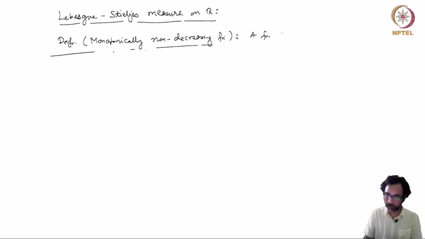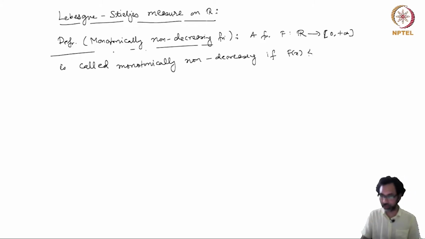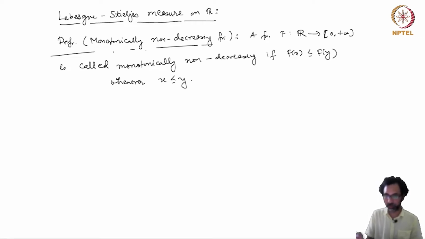So a function f from R to the extended positive reals is called monotonically non-decreasing if f(x) is less than or equal to f(y) whenever x is less than or equal to y.